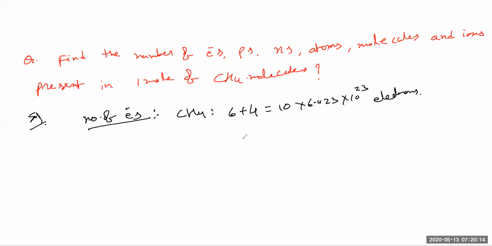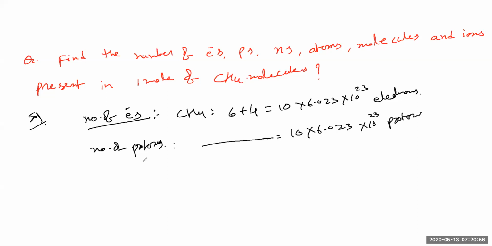Methane contains number of protons, 10 into. What is the number of protons? Carbon atomic number 6, mass number 12. Atomic number is equal to protons, right? So number of protons is also equal to 10 into 6.023 into 10 power 23 protons.